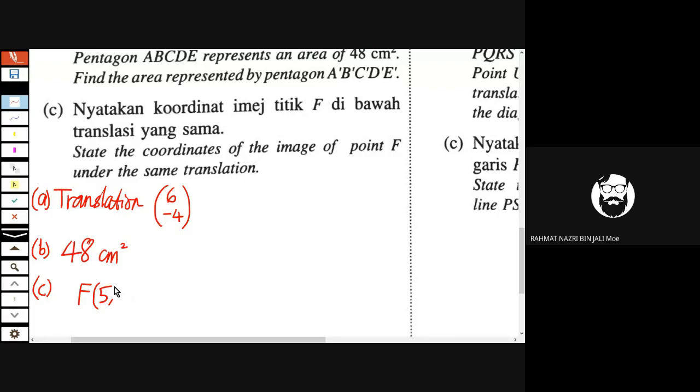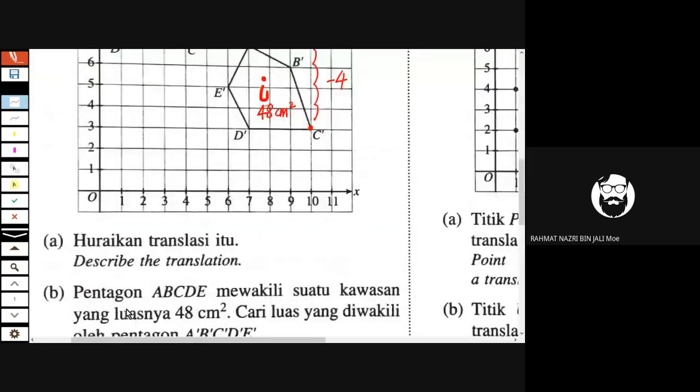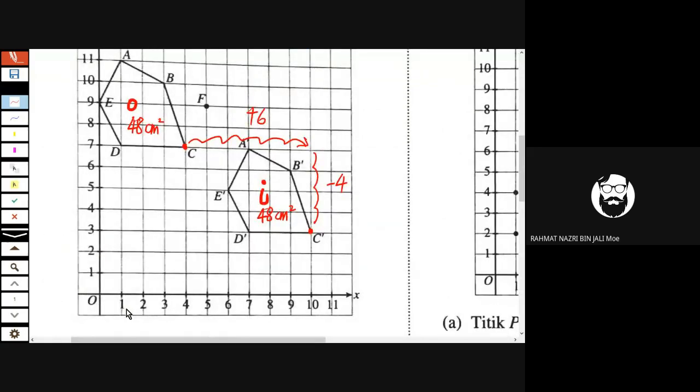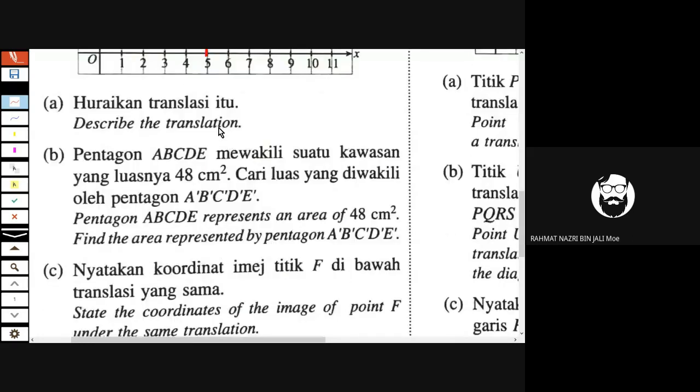Coordinate of F, 5, 9. Right? Ini F ni. F berada di sini. Okay, so F located above 5 and to the right of 9. So 5, 9. Coordinate of F is 5, 9.